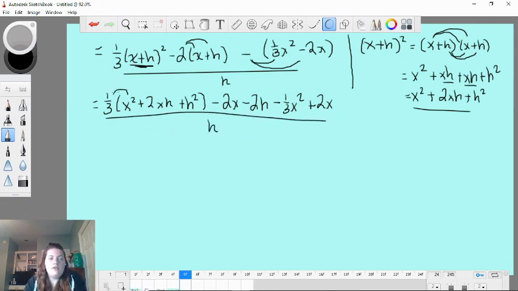Now you can also go ahead and distribute this 1/3 into everything so that everything can be ready to start eliminating. Because the major thing with this function, most things end up getting eliminated. And it makes it much easier to deal with.